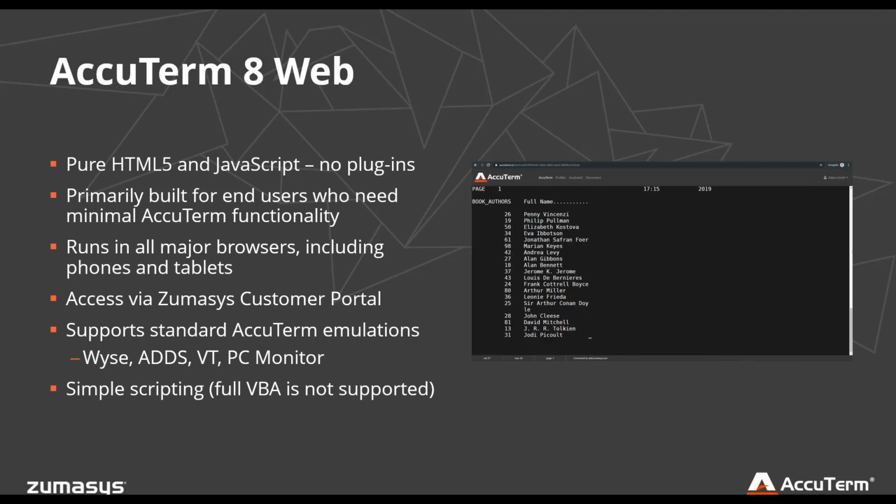So simple scripts that you would send from the host, where you build a little script that says, change my terminal type, or tell me how many columns and rows are on the screen, or change a function key program from this to that. Those scripts will actually run in AccuTerm Web without any change. So that's a very cool feature. We'll probably be expanding those capabilities as time goes on.